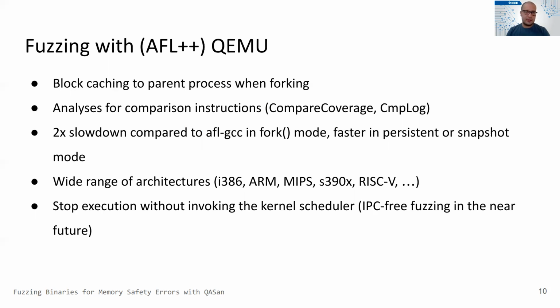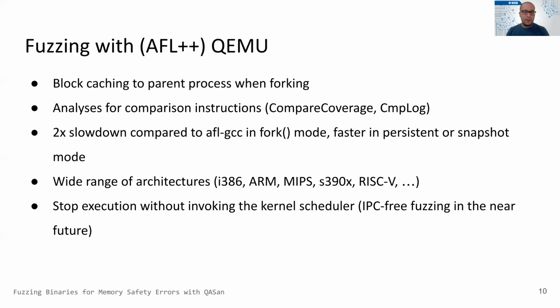Using AFL++, that is a widely used, recent fuzzer, we can get a very nice performance that is almost 2 times lower than AFL-GCC, which is the compiler-based instrumentation for fuzzing, because we get features from emulation, like block caching and translation block linking to improve the performance. And we also support a wide range of architectures because QEMU is the state-of-the-art in emulation.